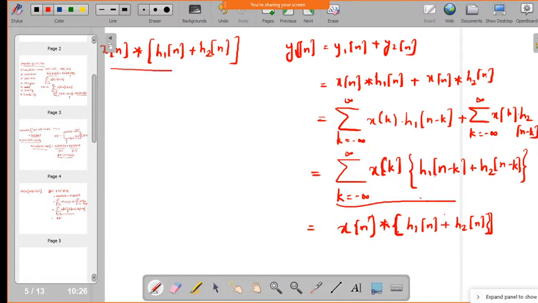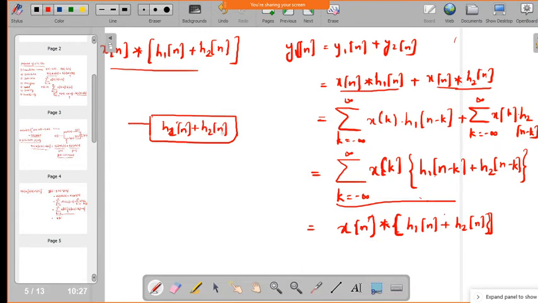The same thing we arrived at by taking separate outputs y1 of n and y2 of n, it is a convolution with the addition of these impulse responses, h1 of n and h2 of n, and you will get y of n.